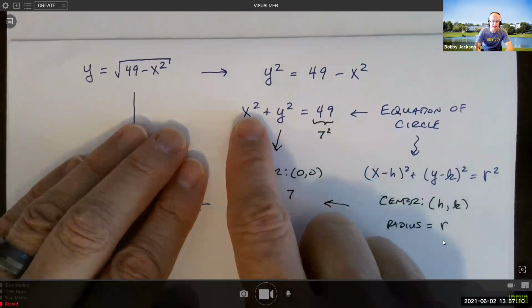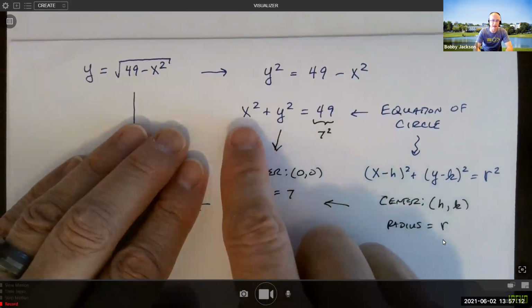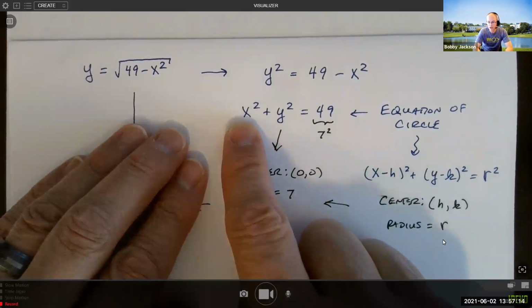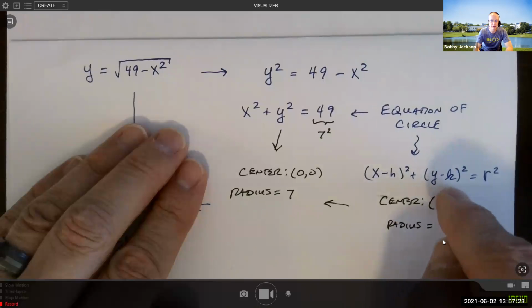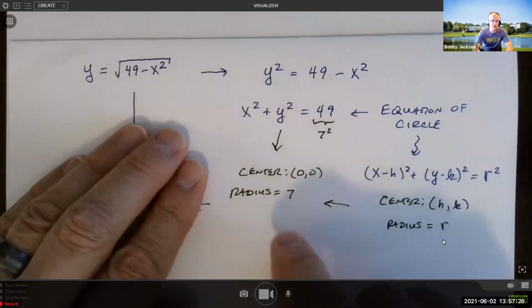What about the center of the circle? Well, it's x minus 0 squared, so 0 is the h coordinate, and y minus 0 gives the k value, the y coordinate of the center. So the center is 0 comma 0.